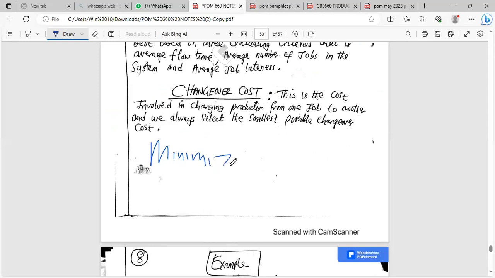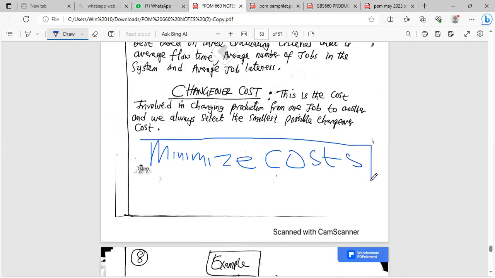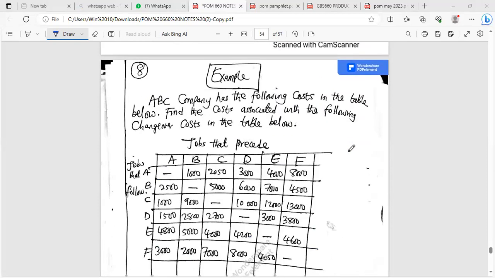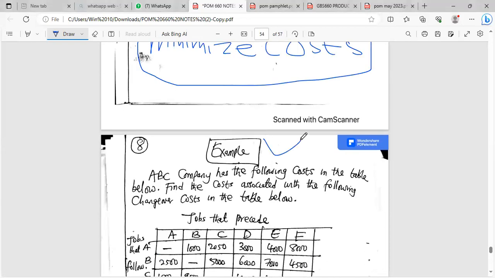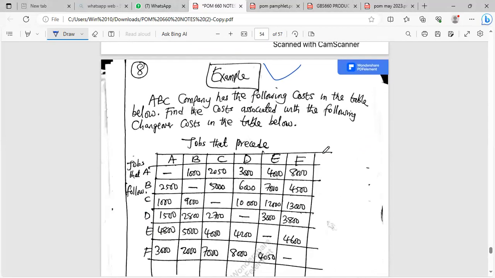Minimizing costs is the objective of every organization, so that you actually know the viability of the organization. We can do this example here on the changeover cost, and we can look at another example on it.